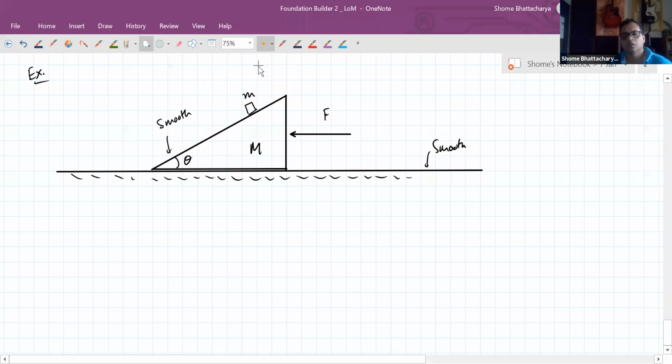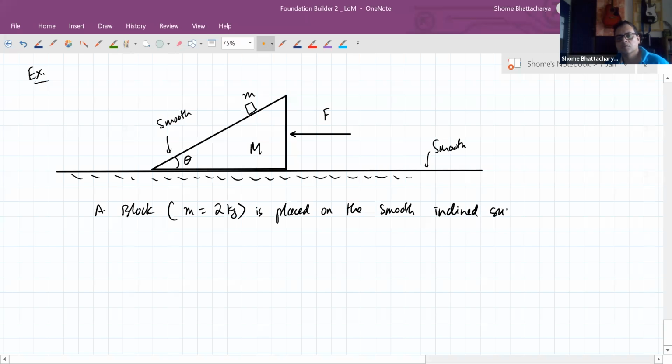Somewhere here also. Okay. So a block of mass, let's say 2 kilograms, is placed on the smooth inclined surface of the wedge of mass, let's say 8 kilograms, and angle of inclination, let's say, it's time for variety, let's say 30 degrees.